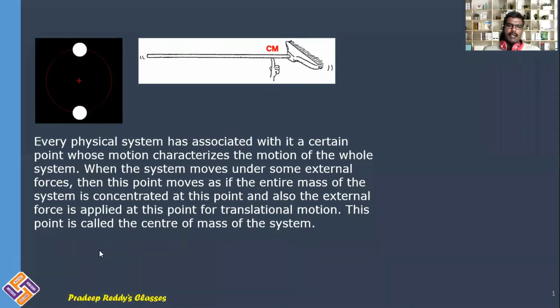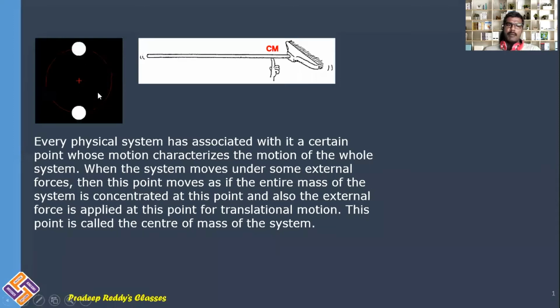See, we have in the first example where there is an animation, two particles. Two particles are revolving in such a way, both are revolving around one fixed axis.